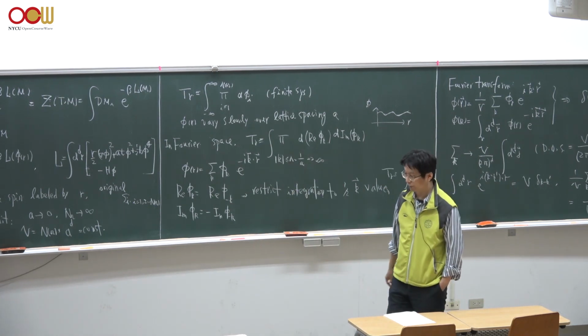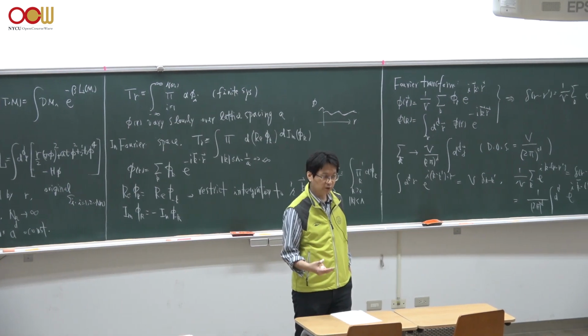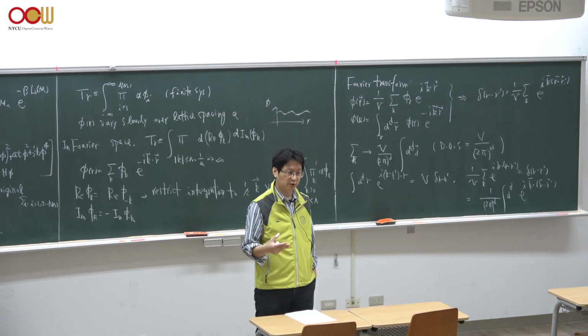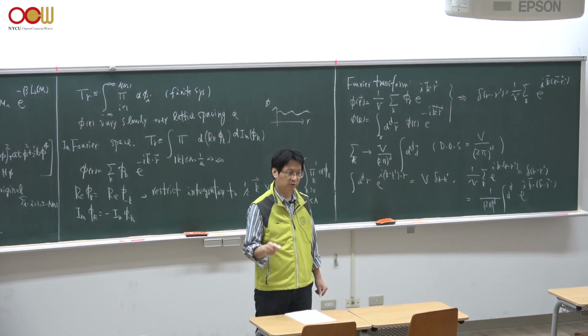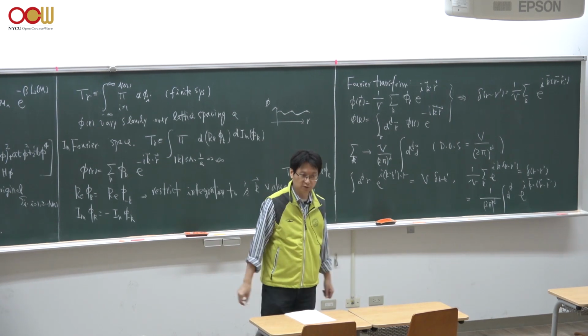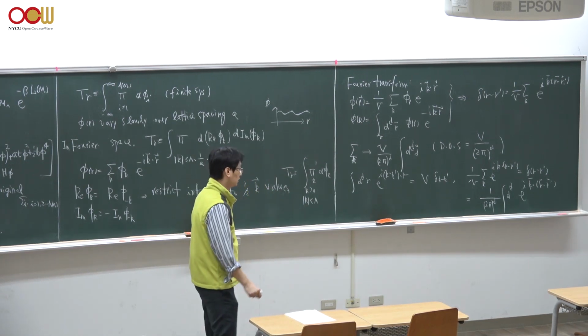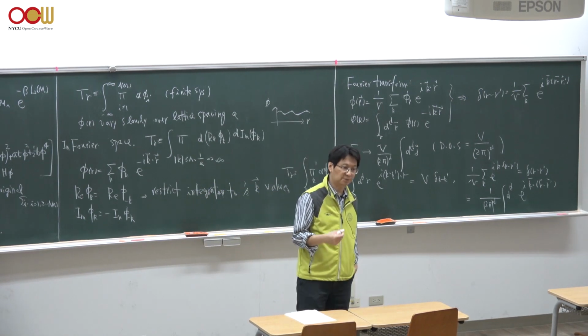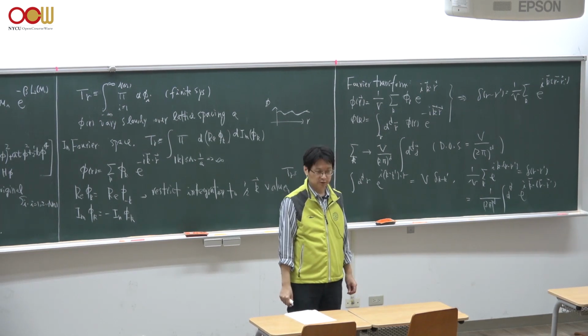So next time we will start to evaluate this partition function and also the Green's function, the correlation function, in particular the real space correlation function that we calculated for the Ising model. We will perform such a calculation, but in a more systematic way, so that we are able to get the spin-spin correlation function for arbitrary two spins in any dimension.